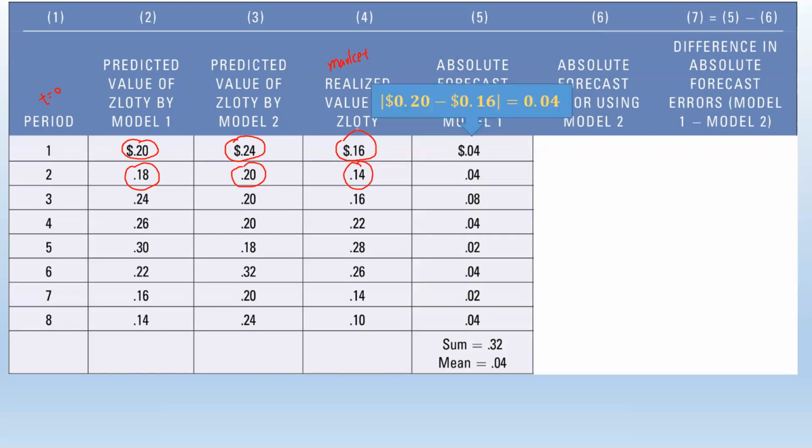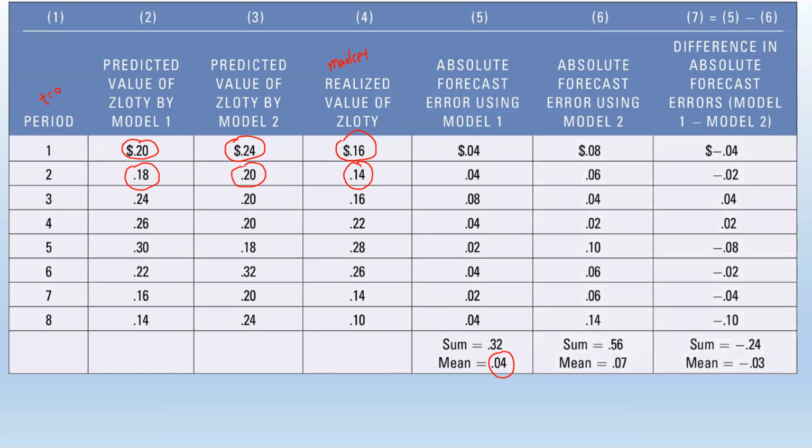The average forecast error is $0.04. For model 2, the average absolute forecast error is 0.7. So we know model 1 has a smaller forecast error, and it has better performance.